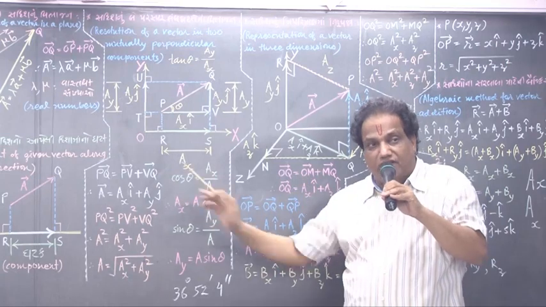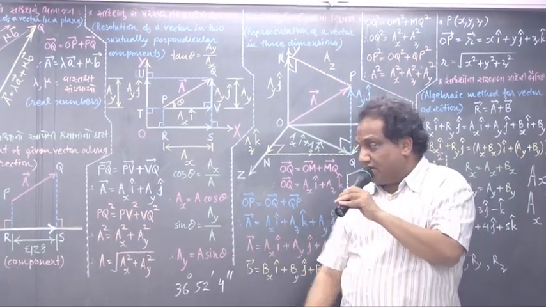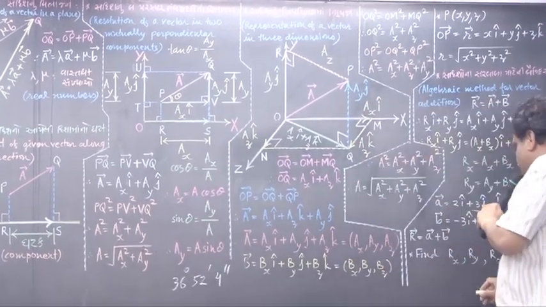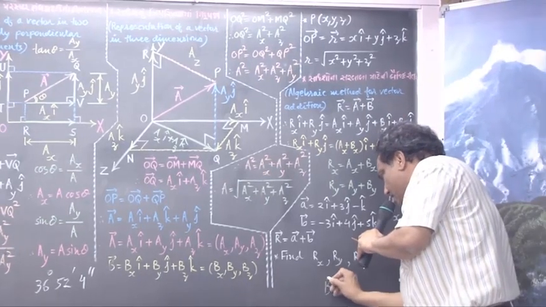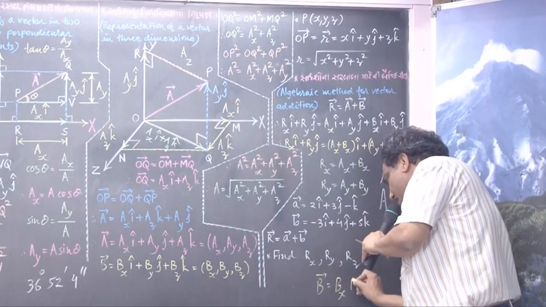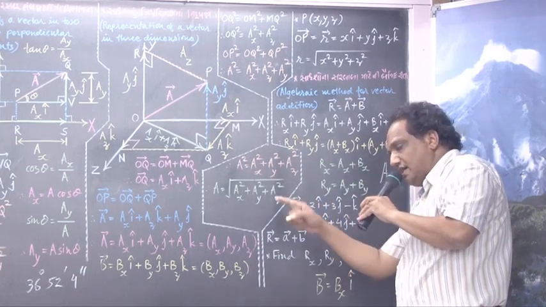Wait, this is for vector A. Can you let me know what I should write for vector B? For vector B similarly, vector B equals BX i hat, plus BY j hat. Don't say vector BX hat; only BX, and then you say i hat.